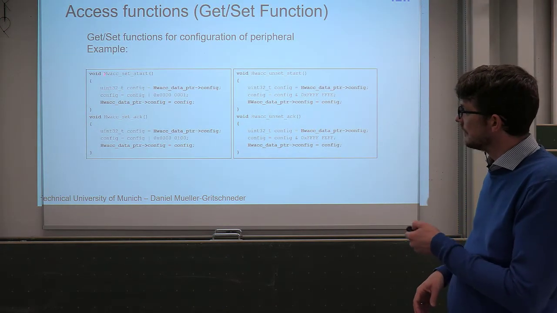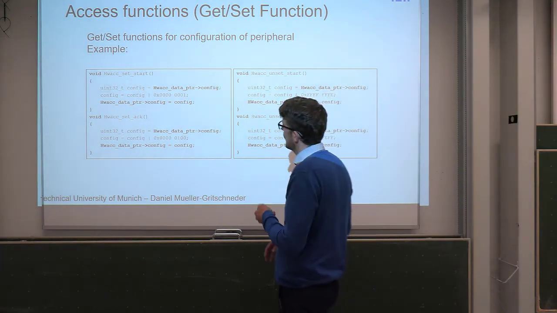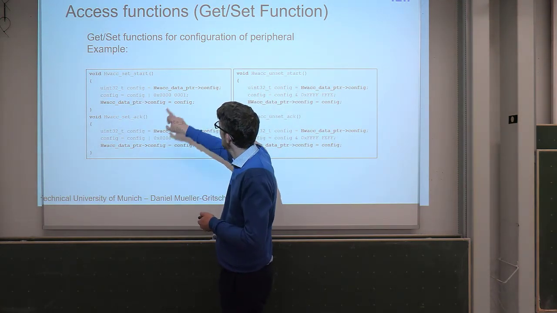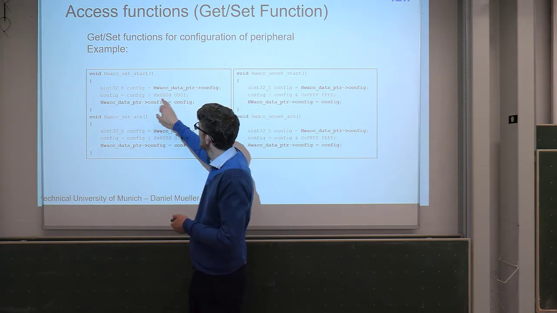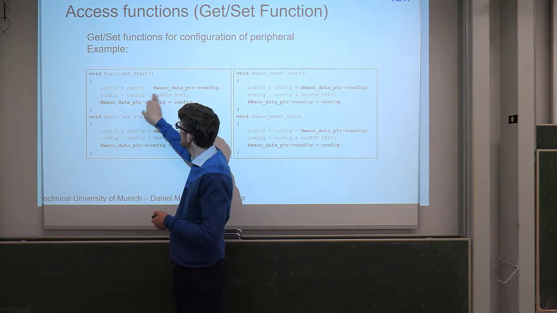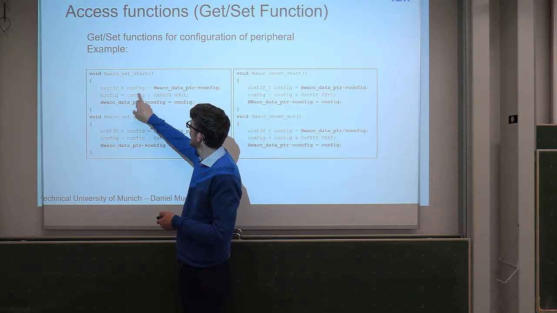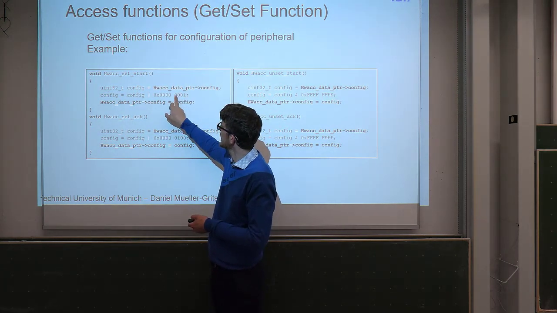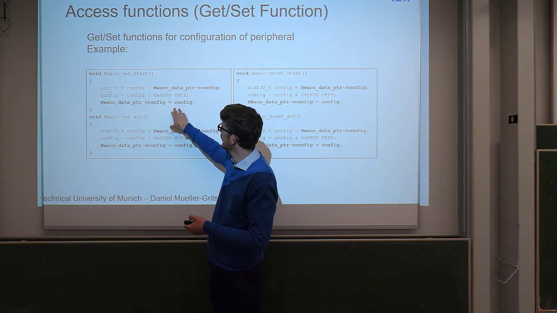Then you want to say you should now start the computation. So to start the computation, we have to set the configuration, and we have to set the lowest bit of the configuration. In order to not modify the rest of the configuration, you first read the configuration from the device, then you make an OR operation with 1, which means you're setting the lowest bit of the configuration, and then you write this configuration back.